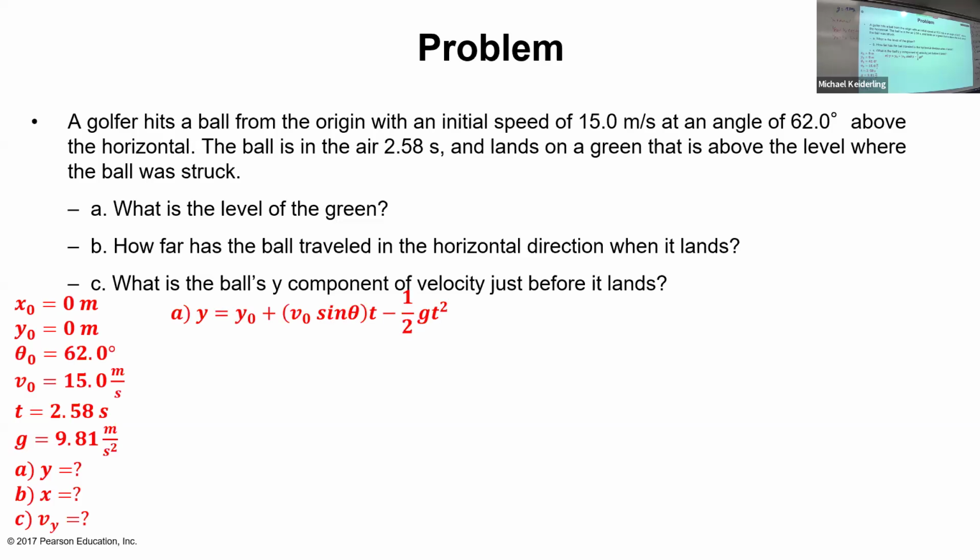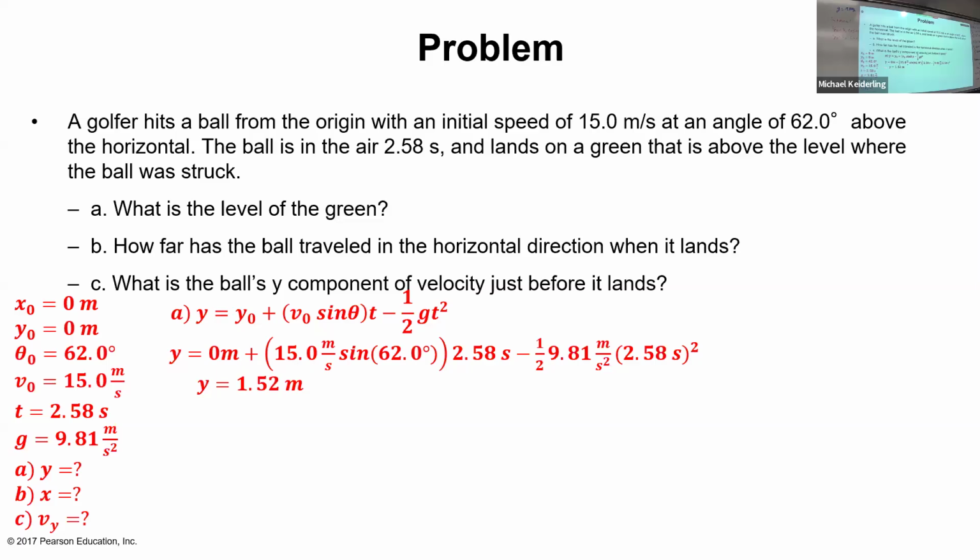So part A, y is y naught plus v naught sine theta t minus 1/2 gt squared. So 0 meters plus 15 meters per second times sine of 62 degrees times 2.58 seconds minus 1/2 times 9.81 meters per second squared times 2.58 seconds squared. That gives you a height of 1.52 meters. X is x naught plus v naught cosine theta t.